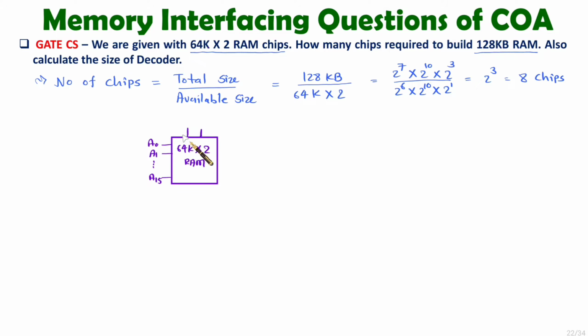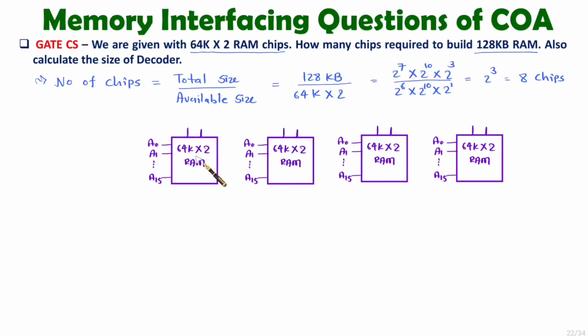So in total we need to connect 4 RAM chips horizontally. Let me show you. I am connecting 4 RAMs horizontally so that we have in total 8 data lines. Here we have D0, D1, then D2, D3, then D4, D5, then D6, D7.